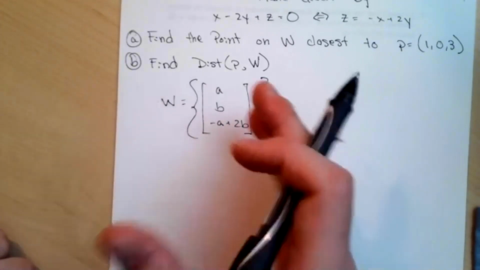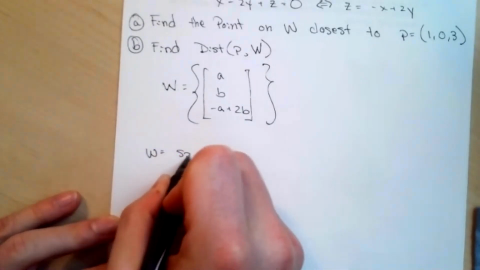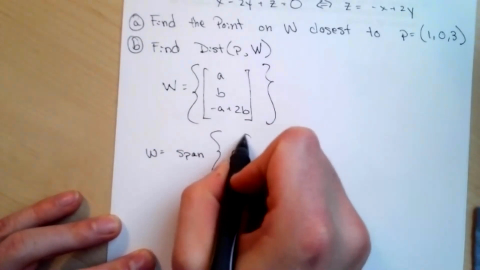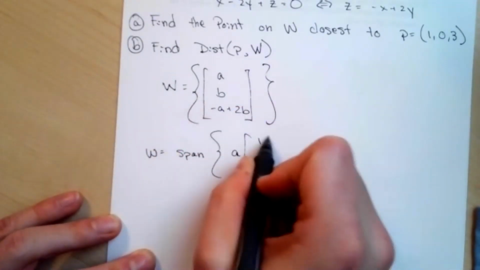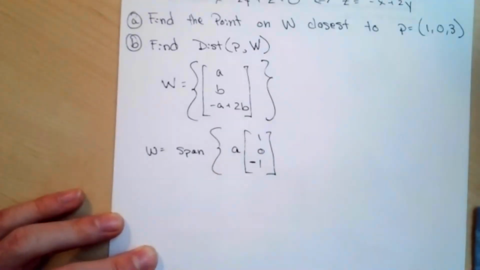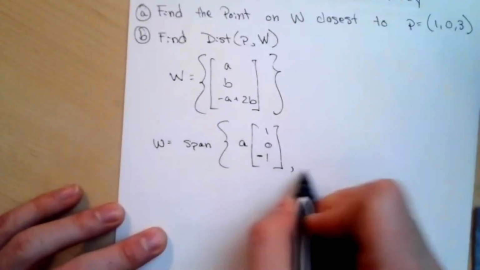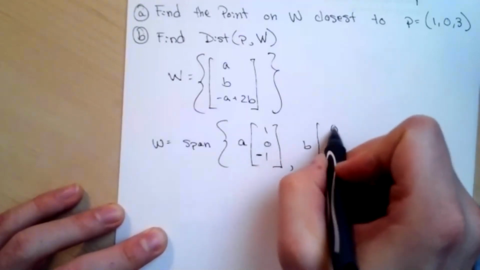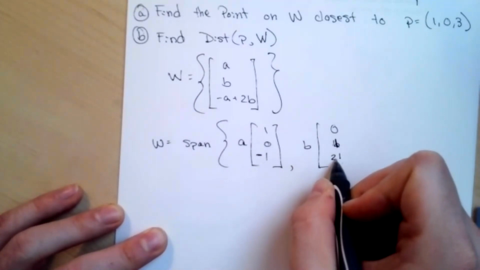So if you separate out the a's and b's, you can consider it as the span of a. Where do a's appear? In the first and third column. First one we have 1 multiple of a, third one we have -1 copies of a. And then likewise our b's. Sorry, that should be a 1 and a 2 here.